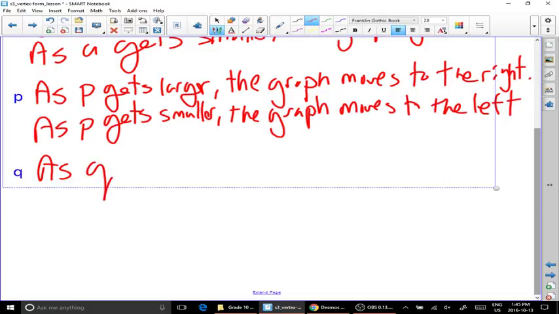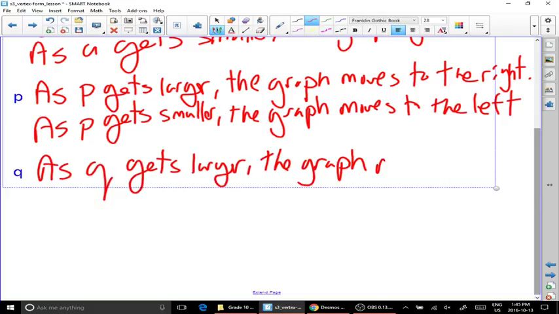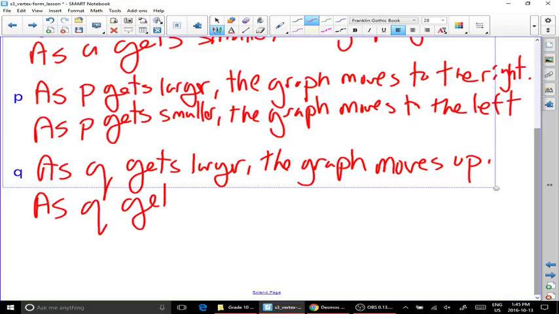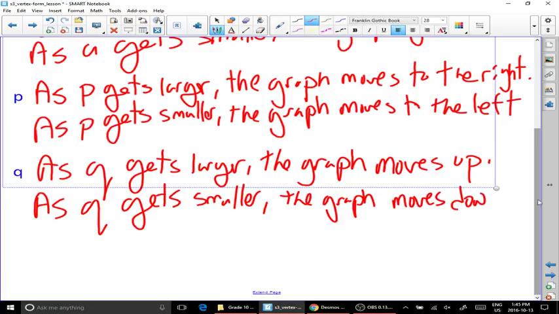As q gets larger, the graph moves up. As q gets smaller, the graph moves down.